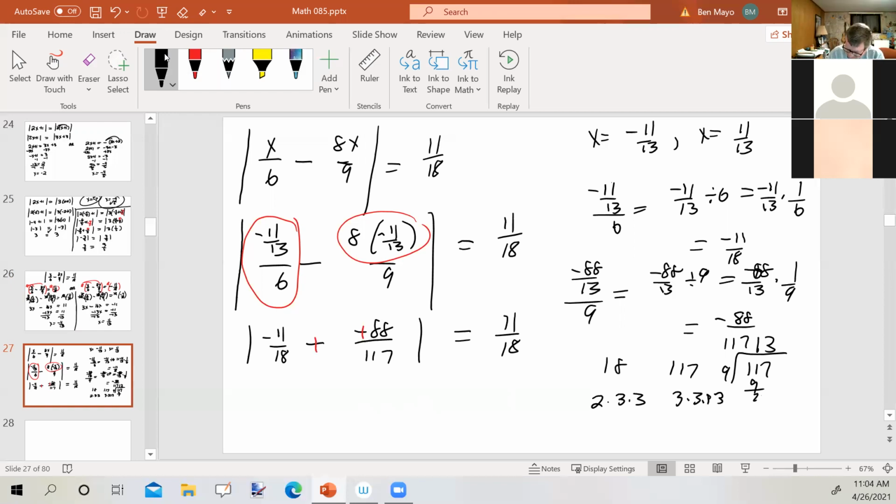Wow, this problem just keeps getting worse, doesn't it? So my LCD is 2 times 3 squared times 13, which is what, 18 times 13? What's 18 times 13?